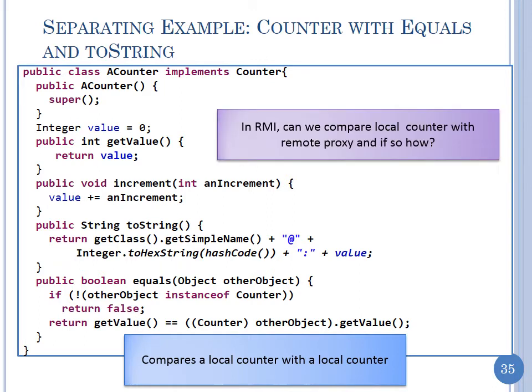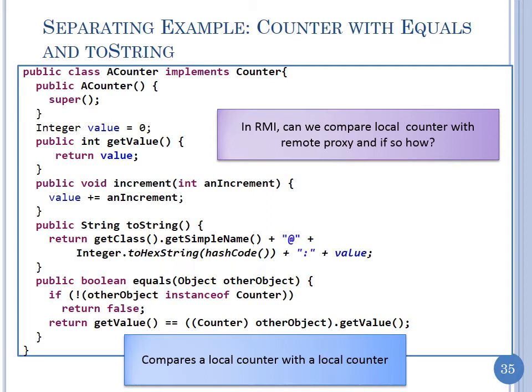Or can we? So let's go and see. I kind of hinted that we can, but think about this, and this is when you guys will have to really use your imagination. So can we compare a local counter with a remote proxy, and if so, how?